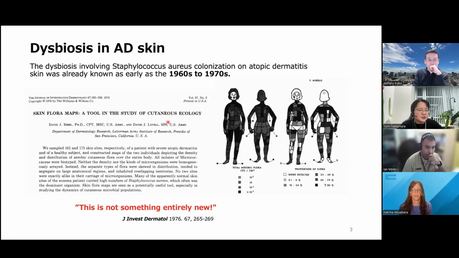It reported specific colonization of Staph aureus in atopic dermatitis. I was particularly impressed by how the authors refer to the skin microbiome as an ecosystem in the title. In short, the discovery of dysbiosis in atopic dermatitis skin due to Staph aureus colonization is not something entirely new.